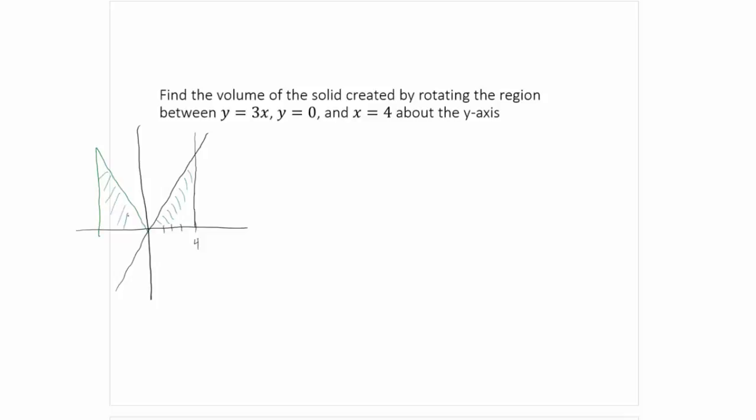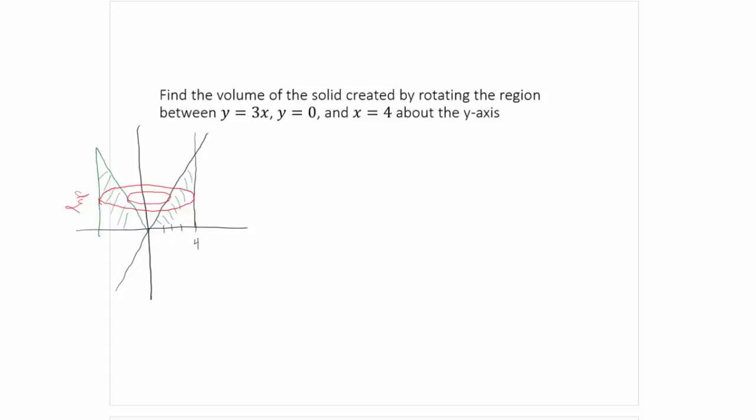All right, so what I'm going to do is I'm going to draw it like this. There's my representative disk. And again, now, the disk has thickness dy. I say disk, washer.